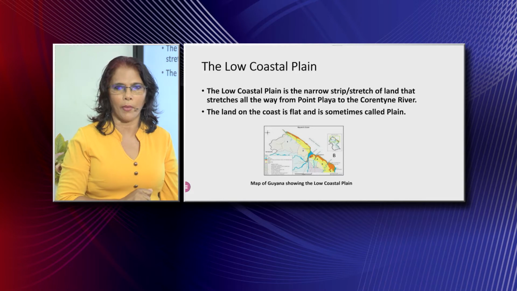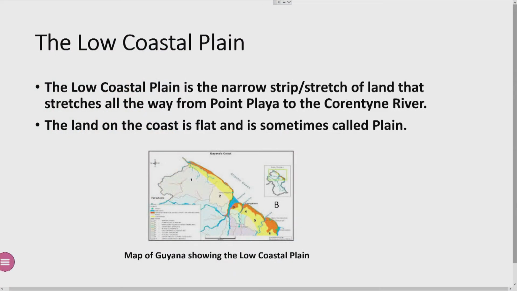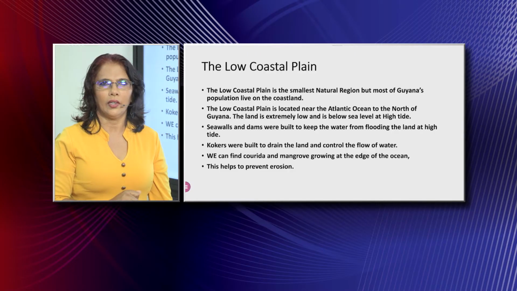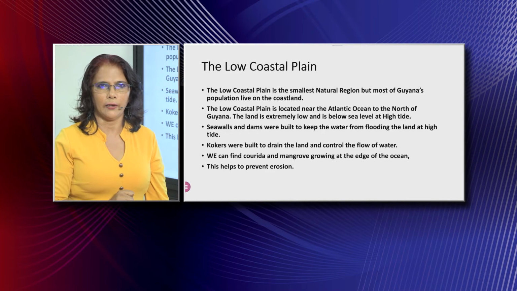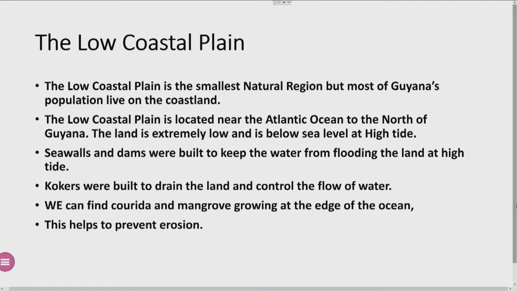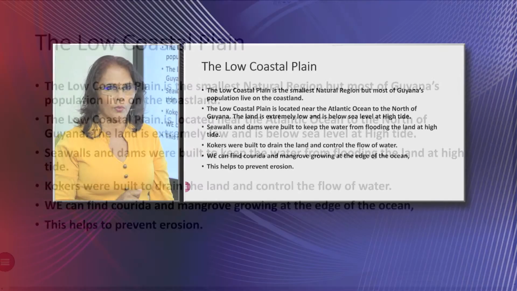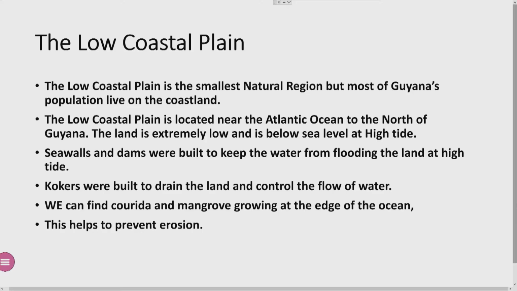Here we have a map of Guyana showing the low coastal plain. The low coastal plain is the smallest natural region, but most of Guyana's population live on the coastland. Now, do you know what our population is?